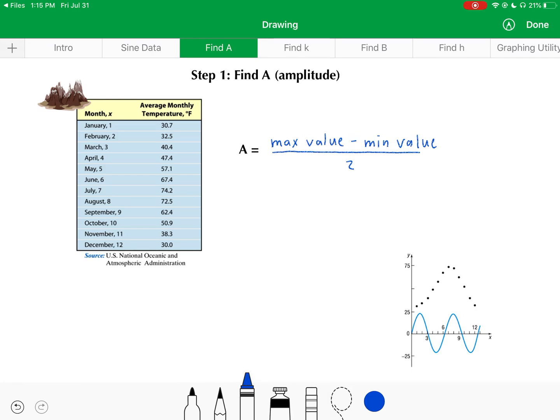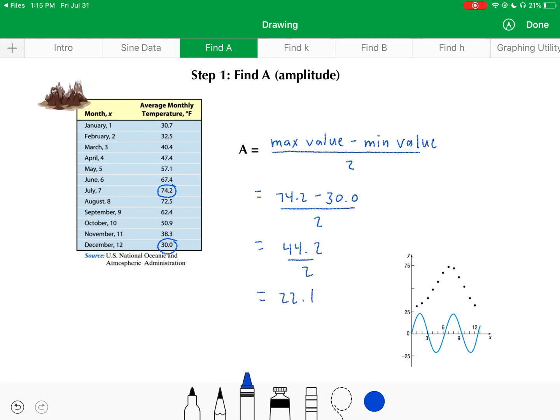For this particular data set, the maximum value occurs in the 7th month, and it's 74.2 degrees. Subtract your minimum value, which occurs in the 12th month, which is 30 degrees. Divide that by 2. That's going to give you 44.2 divided by 2, which is 22.1.